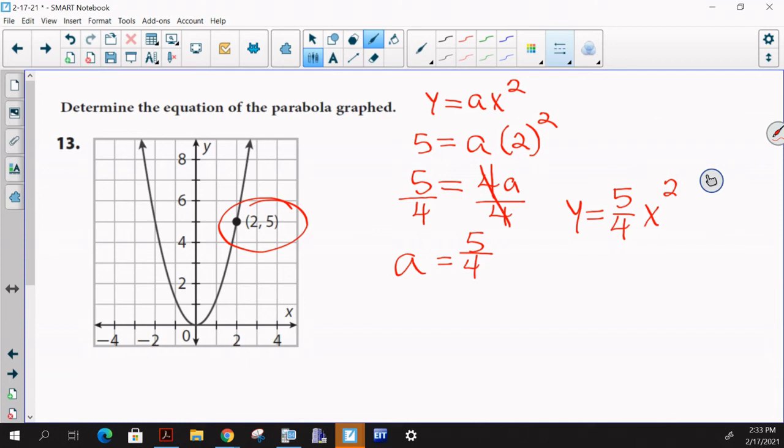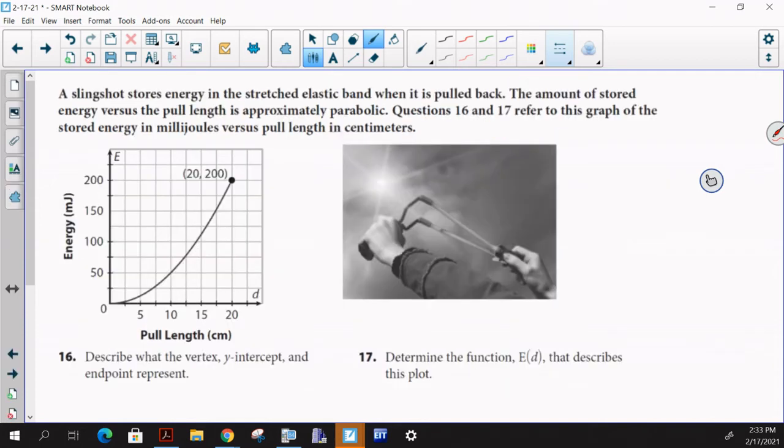We'll wrap this up with one additional example. This is a real life example. You'll want to write a few things down here. First of all, this is the problem. It's talking about a slingshot. How many people have ever shot a slingshot? Have you ever raised your hand on this? Okay? So you kind of have an idea how that works, right? You pull it back farther, the harder that it shoots.